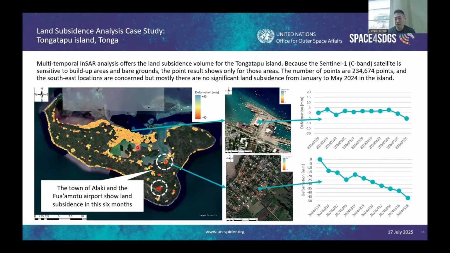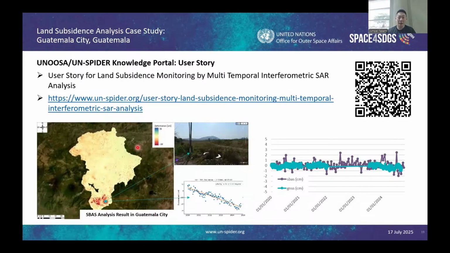I think you've already learned how multi-temporal InSAR analysis is very good for analysis of land subsidence, with millimeter accuracy. Okay, the next example is Guatemala City.